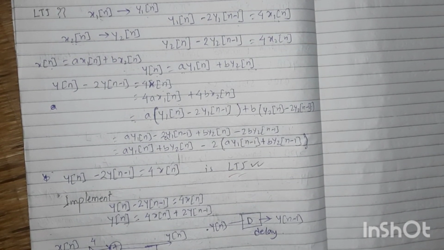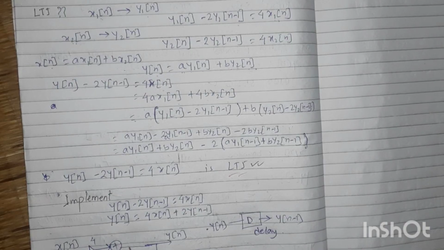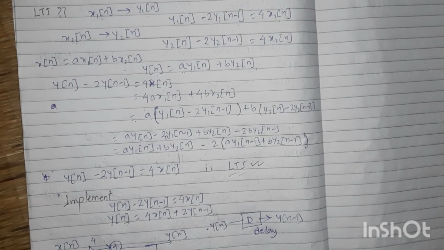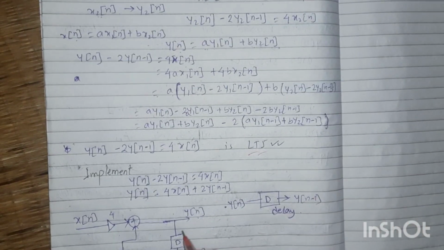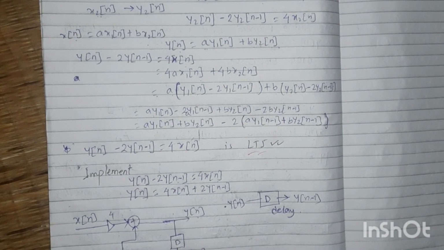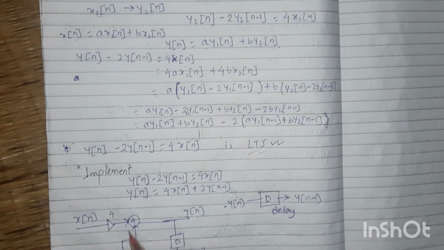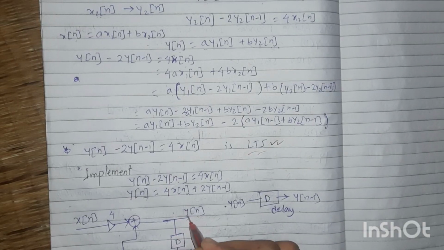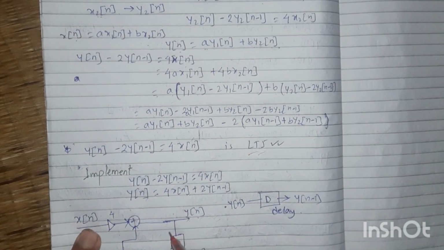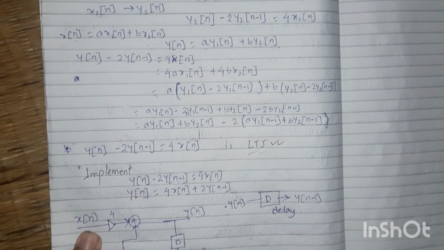Then we get output y of n, but we have to delay by 1, so it is fed to a delay. Now we get y of n minus 1, which is multiplied by 2 and fed to a summer, so we get y of n, and this y of n equals 4 times x of n plus 2 times y of n minus 1.